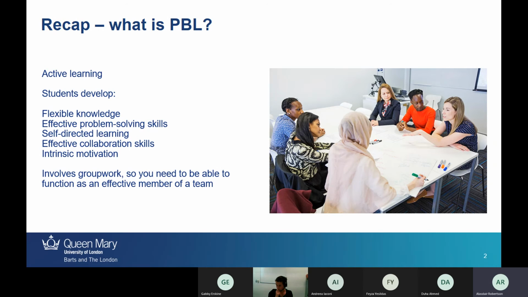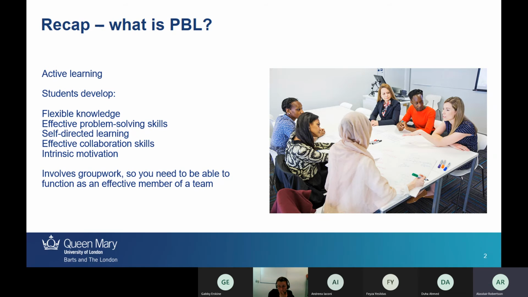So whether that is a case study, a scenario, some data, some research, it can be a variety of different things. The difference between this and something like lectures is that students are much more active. It's what's known as active learning.